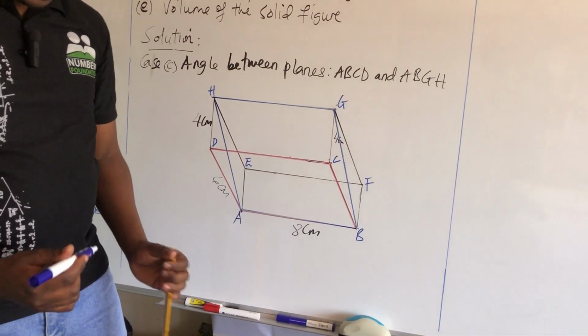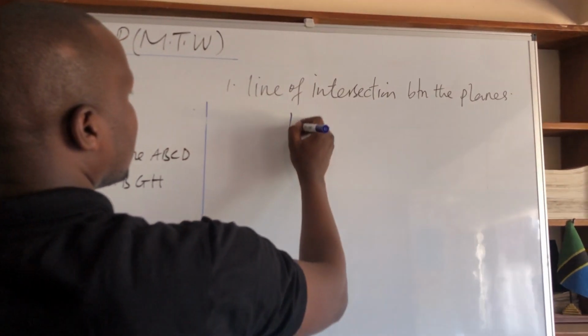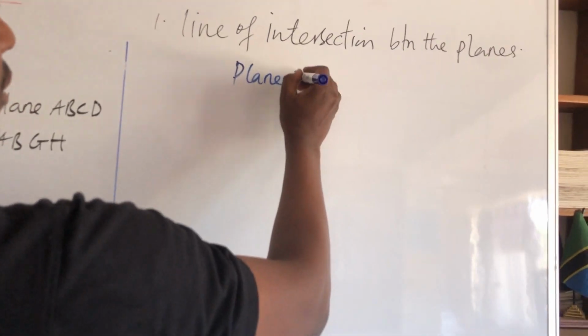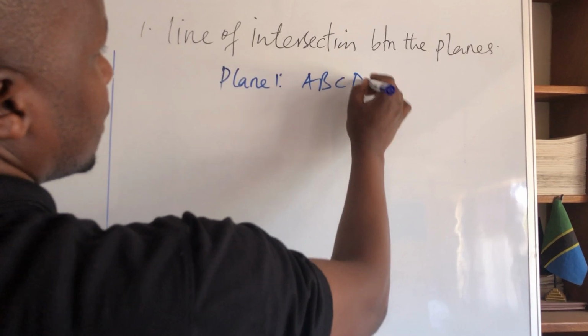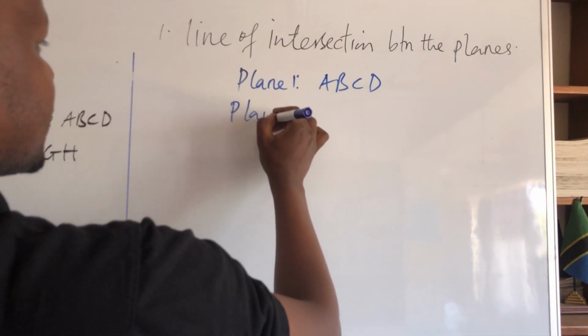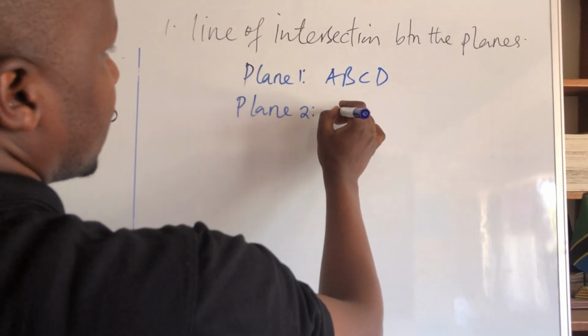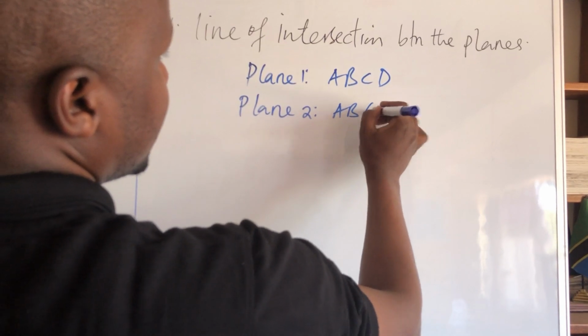If that cannot be applied, we can take the planes. This is plane 1, that is ABCD, and here we have the second plane, that is ABGH.